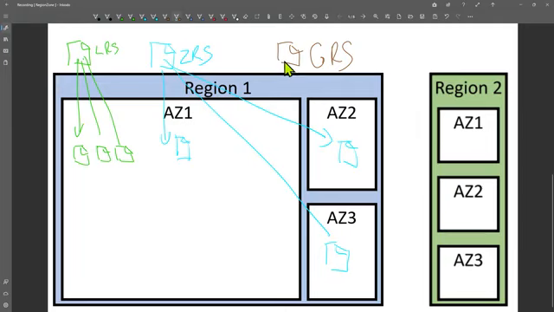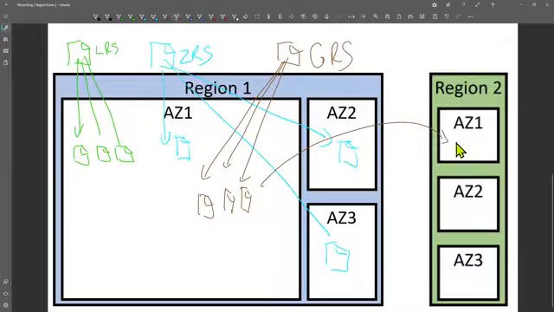What this does, much like LRS, is write 3 copies into the same data center, and they're synchronously written. And then what it does is copy one file of that version of that file to another data center in another region, in this case, the region pair. In my example, we talked about US East. In this case, the copy would be in US West.